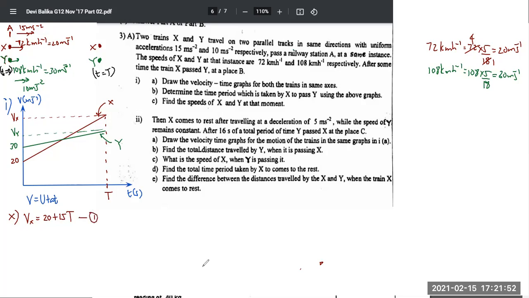That is the first equation. If you apply the same equation for y, final velocity when they meet, the velocity of y is vy, velocity of x is vx, and the time taken is capital T. So we have around three unknowns. That means we need three equations.